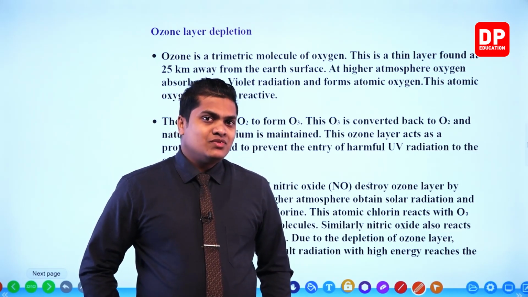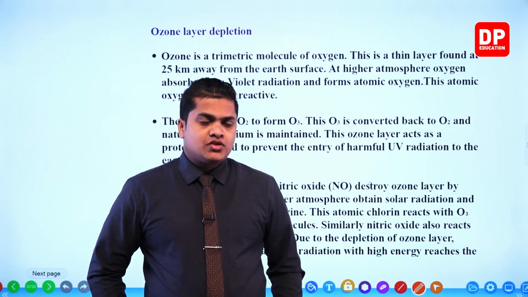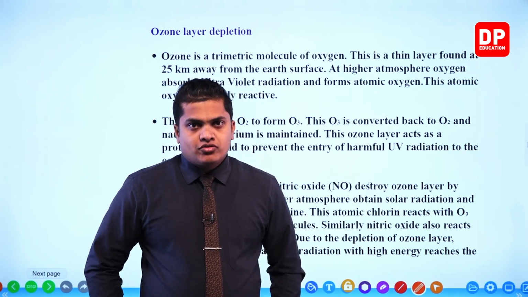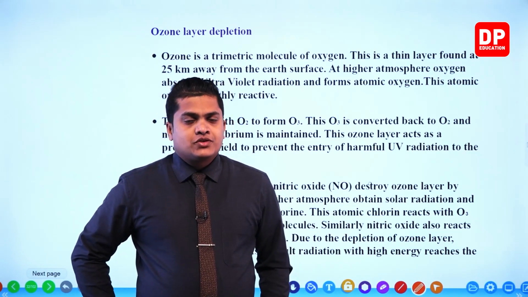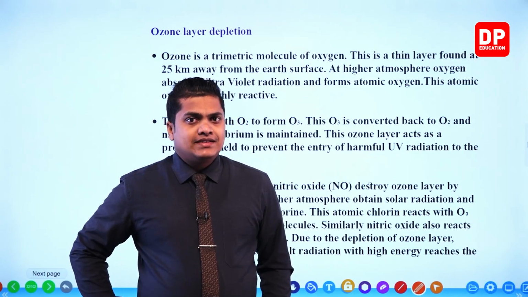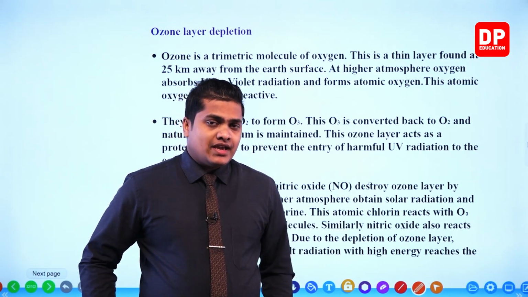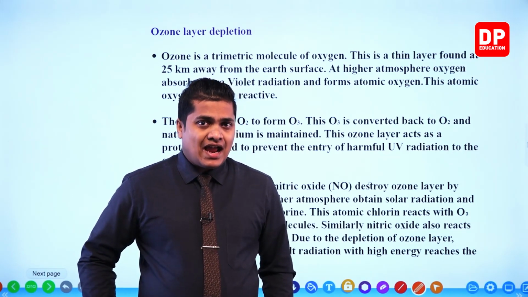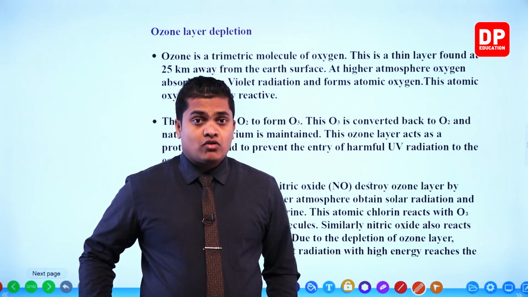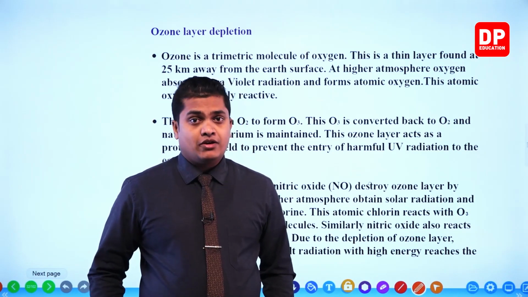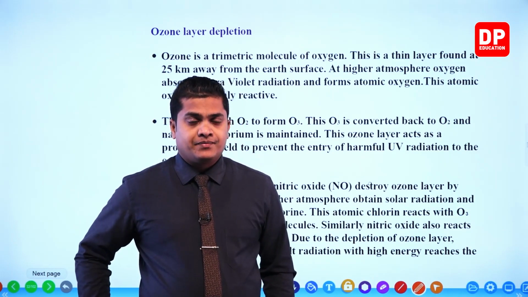So 3 atoms of oxygen join together in creation of ozone. Ozone is a type of gas which is created by the reaction of atomic oxygen with oxygen molecule, that means oxygen gas.